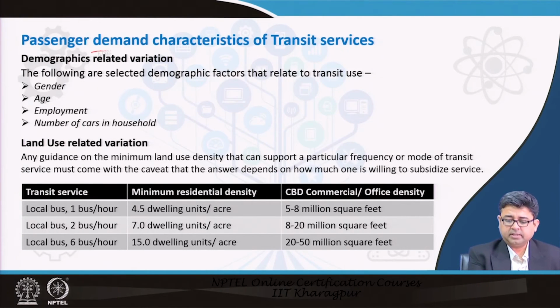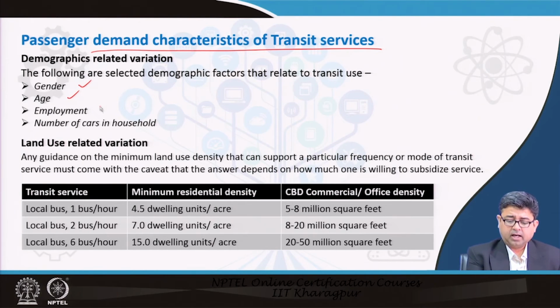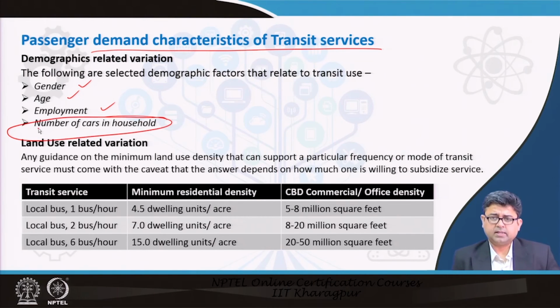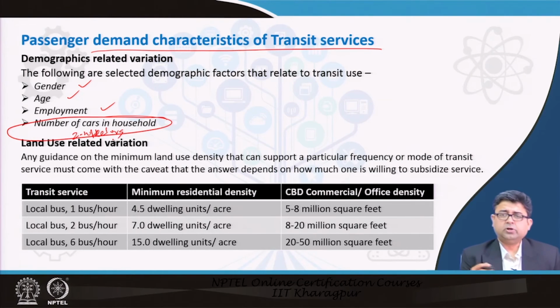How do passenger demand characteristics vary when it comes to transit services? They vary by gender, age, employment, and also one of the important factors is number of cars in the household, number of cars or private vehicles, in our case two wheelers as well. So, the minute you own a vehicle, your tendency to use a bus goes down. The other land use also plays an important role.